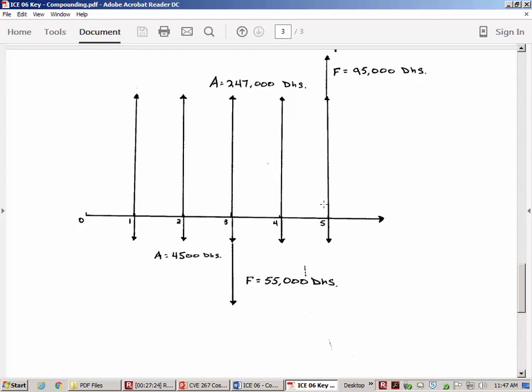And it can be okay, but I think it's better to keep everything separate because sometimes one element of a cash flow diagram might change, like maybe the fuel costs are a little higher or a little lower, and you want to have the flexibility of changing that one thing without affecting everything else. So it's best if you keep each element by itself.